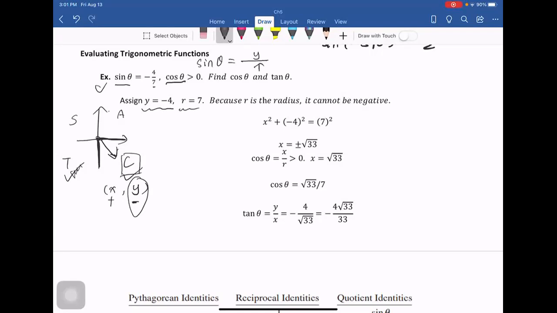Then let's find the x value, because we know that x squared plus y squared equals r squared. So plug in x, y, and r's value. x, we don't know, plus -4 squared equals 7 squared. So we can find x equals positive or negative square root of 33. And we know x must be positive, so x is square root of 33.